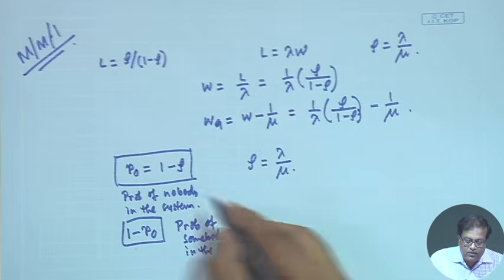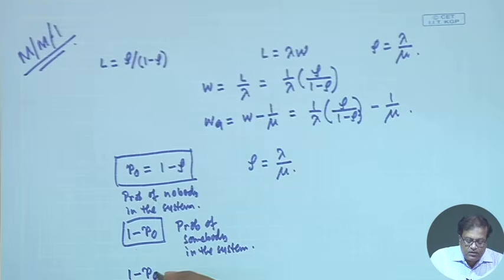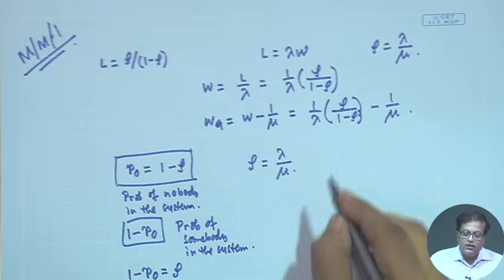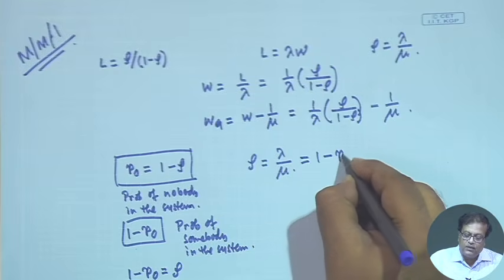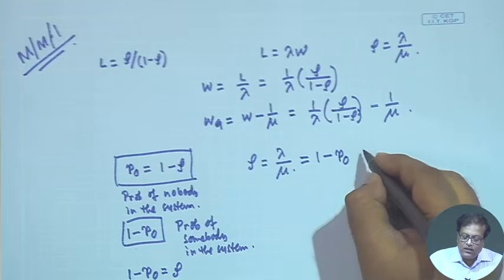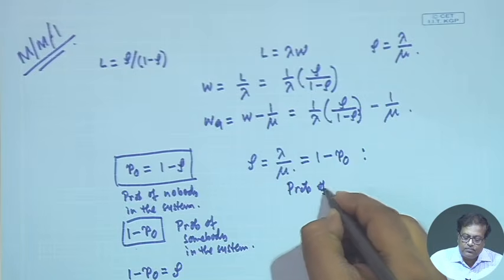If P0 equal to 1 minus rho, then 1 minus P0 equal to rho. So, that is the beauty of the thing, rho equal to lambda by mu equal to 1 minus P0, which is nothing but probability of somebody in the system.